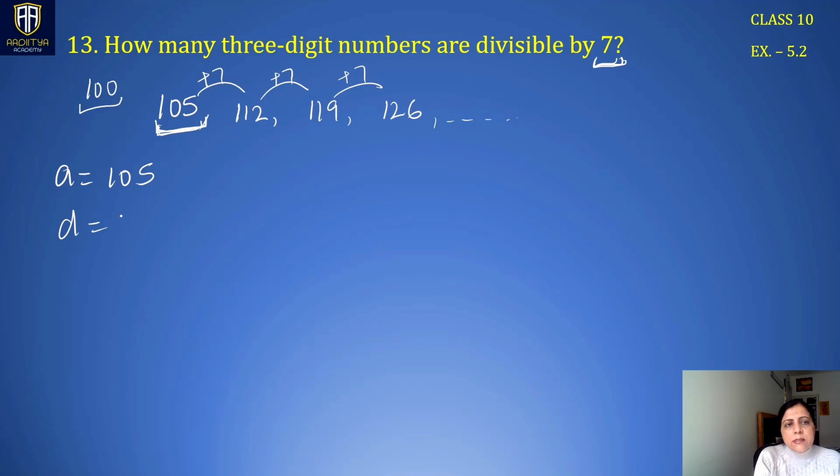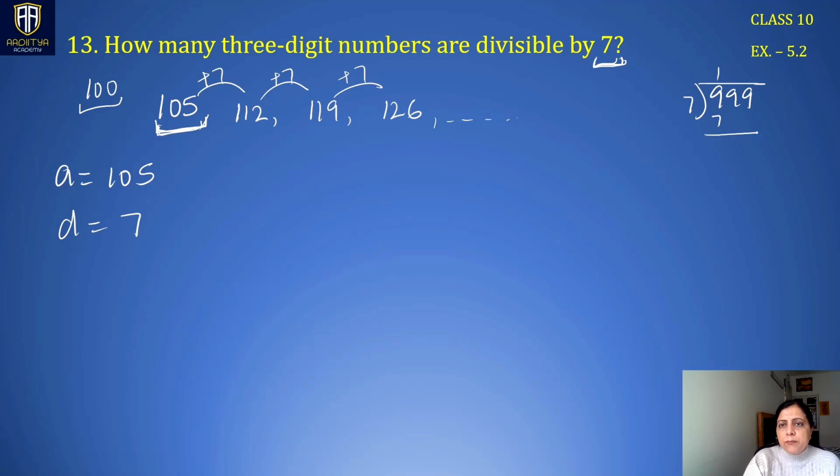D is clearly 7 here. So what we have to find is how many 3-digit numbers there are. So we have to take this sequence till the last 3-digit number which is a multiple of 7. Now the last 3-digit number is 999. We have to check whether this is a multiple of 7 or not.